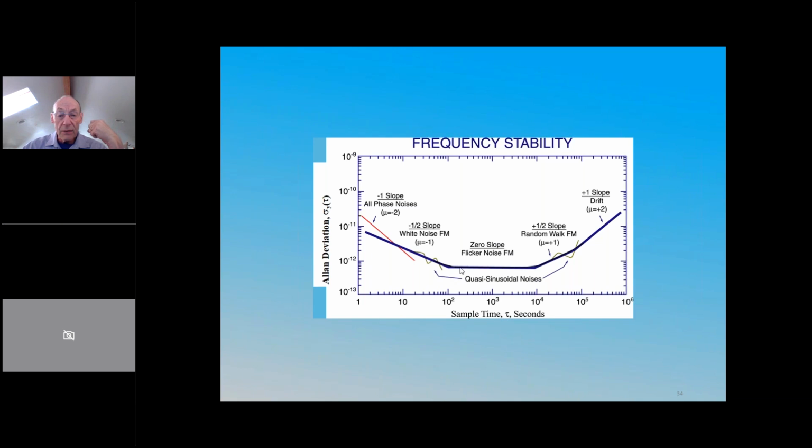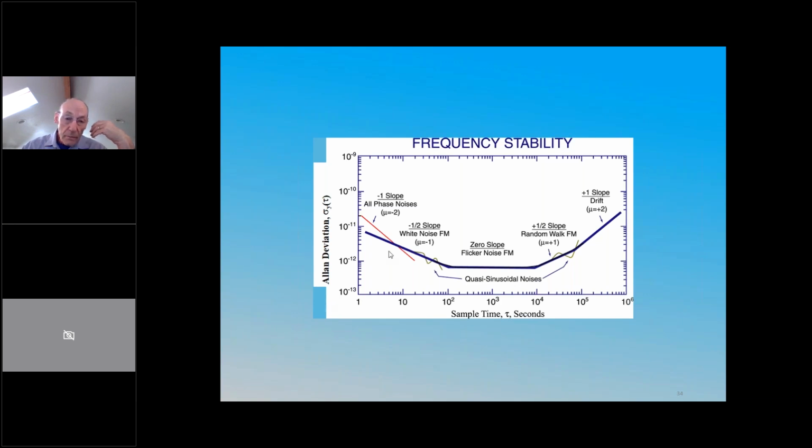Flicker noise shows frequency noise as a flat curve, and a random walk in frequency shows a +1 slope. And a linear frequency drift is also apparent, and you can see that it goes as a +1 slope on deviation or a +2 in variance.